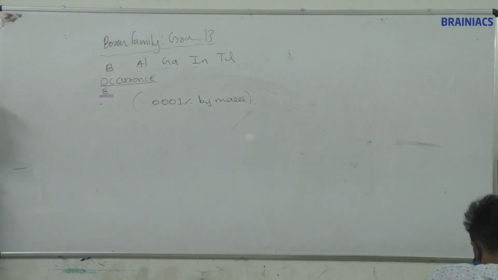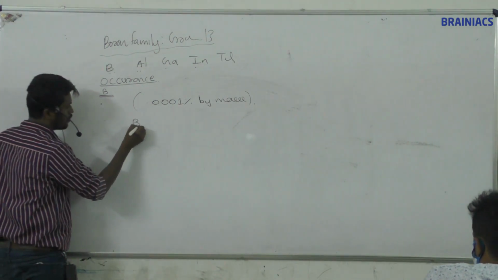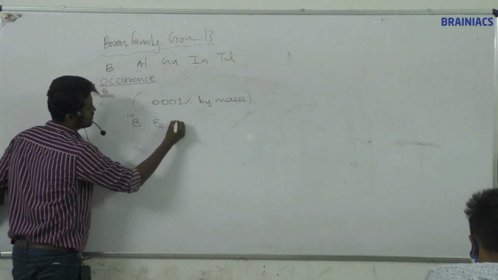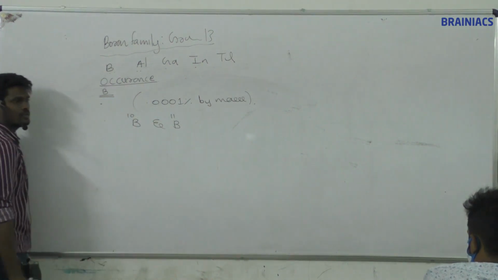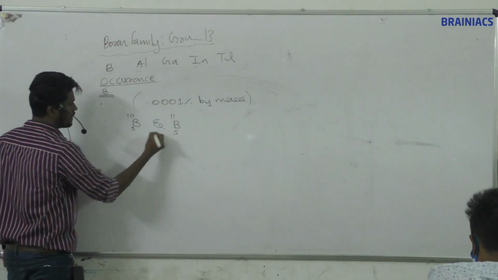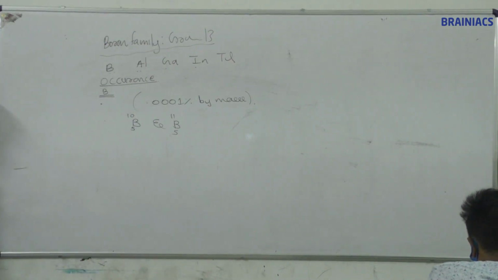So what are the stable isotopes of boron? B10 and B11. The stable isotopes are B10 and B11.